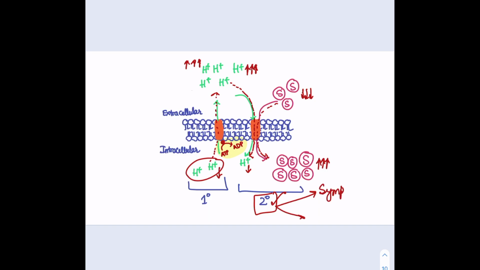Secondary active transportation can be further divided into symport or antiport types, where in symport both the solutes are moving in the same direction and in antiport both are moving in different directions, that could be either intracellular or extracellular.